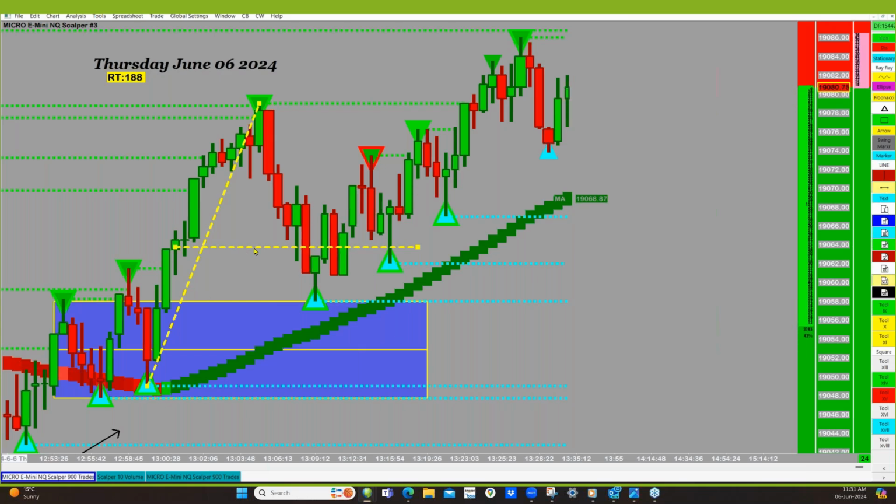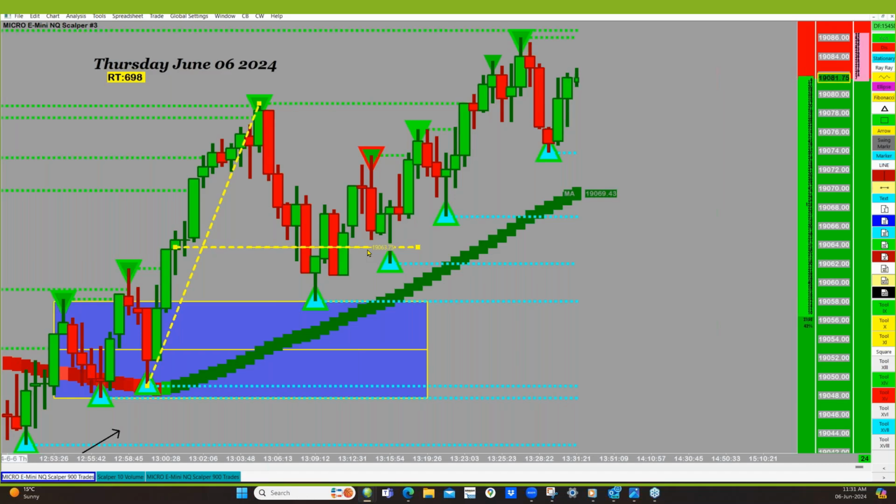So we can add a number to that area. If you entered at 64, for instance, or lower, because you can see the change in direction way before this, you're looking for the pullbacks for entries for that direction.